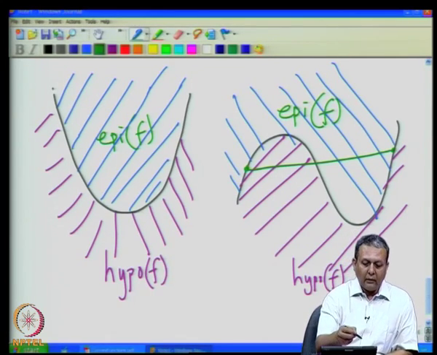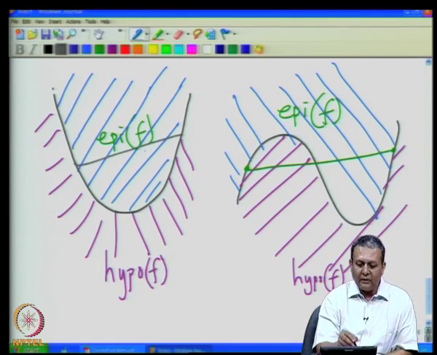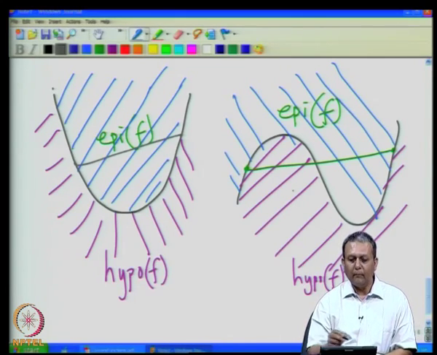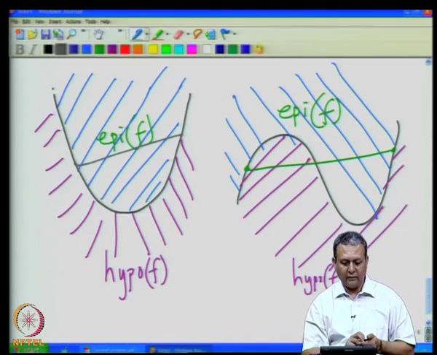While if we take a line segment joining any 2 points in the epigraph of this function, then you will see that the line segment entirely lies within the set. So, that means that if we have a convex function, then the epigraph of the function is a convex set, and if we do not have a convex function, the epigraph of a function is not a convex set.